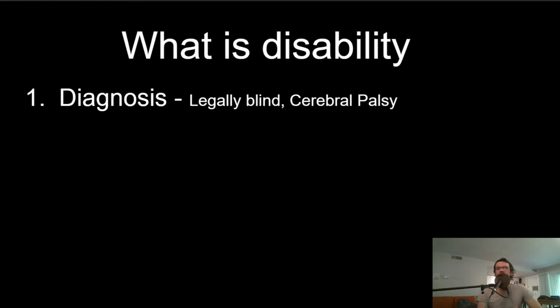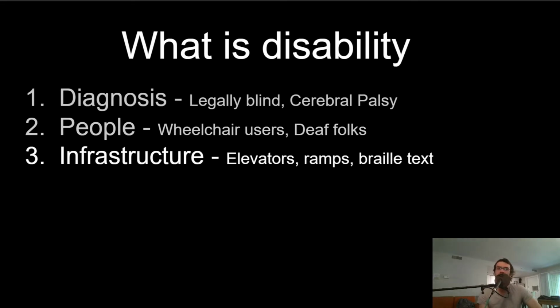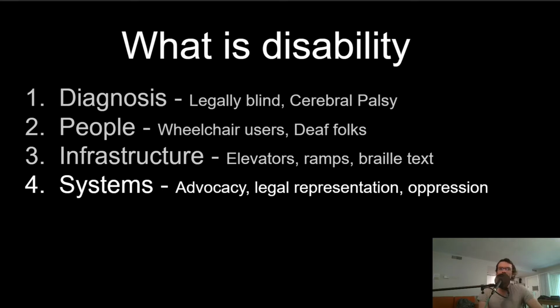So one thing that comes up very often is this idea of a diagnosis, something that's quite medical, like legally blind or cerebral palsy, disease and diagnosis language. Another thing that could come up is people, wheelchair users, deaf folks, etc. Third could be infrastructure, things that might help or aid people, like elevators, ramps, braille text, etc. Fourth could be systems. We could think about social advocacy, legal representation, systems of oppression.